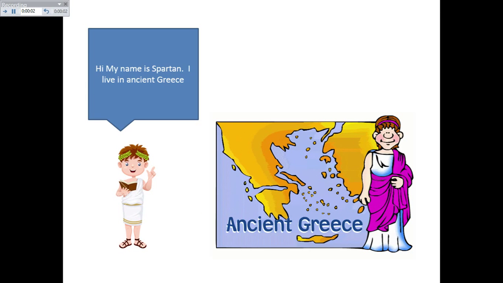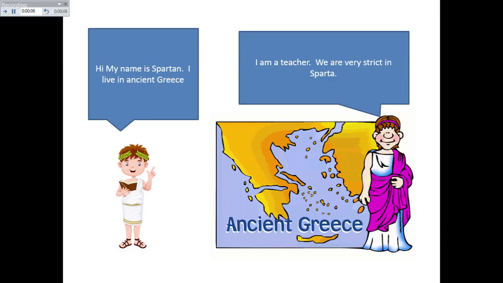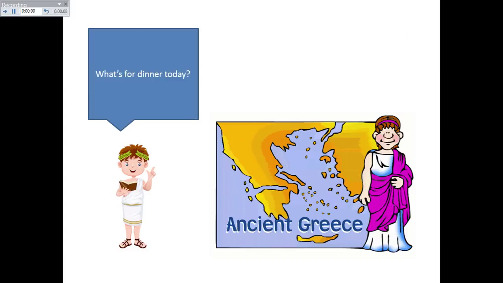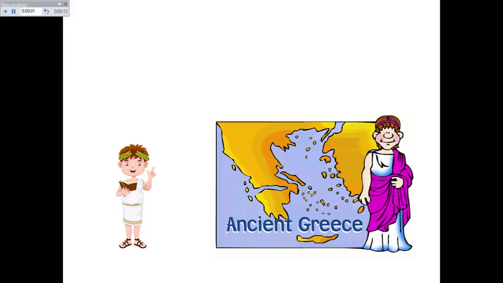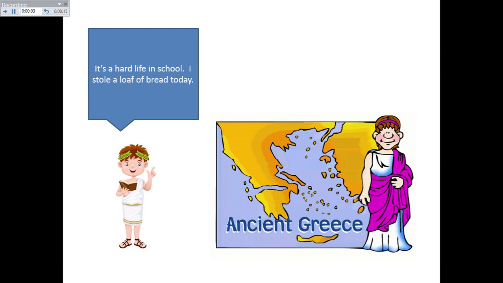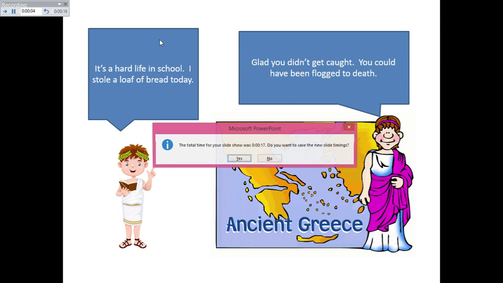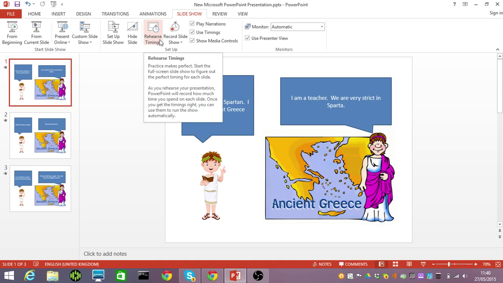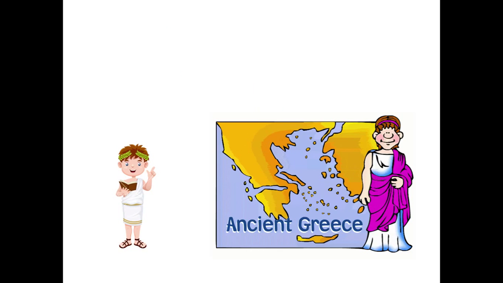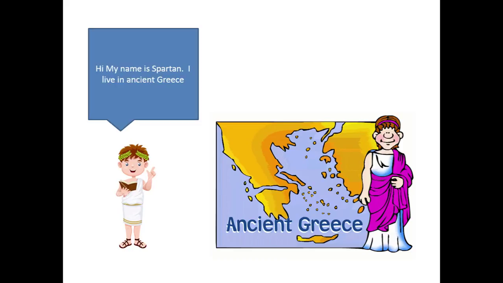The easiest way to do this is to read it as you're going. Now I'm doing this by simply pressing enter. When I've finished, press enter again and record it. That's it, done. Now, when I now press F5, you'll notice the animation plays.